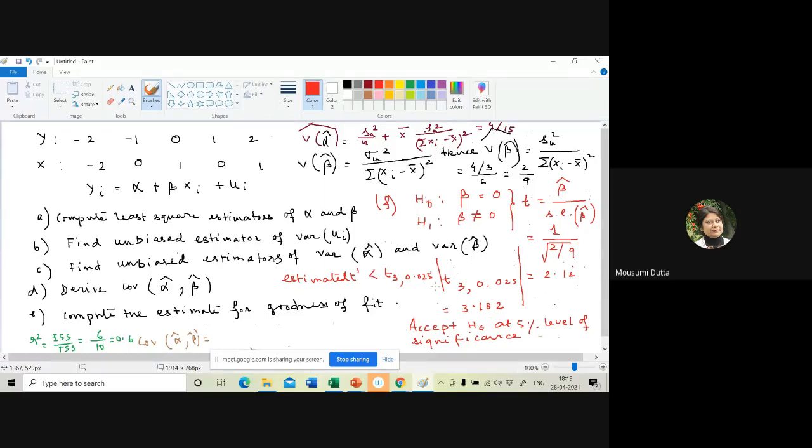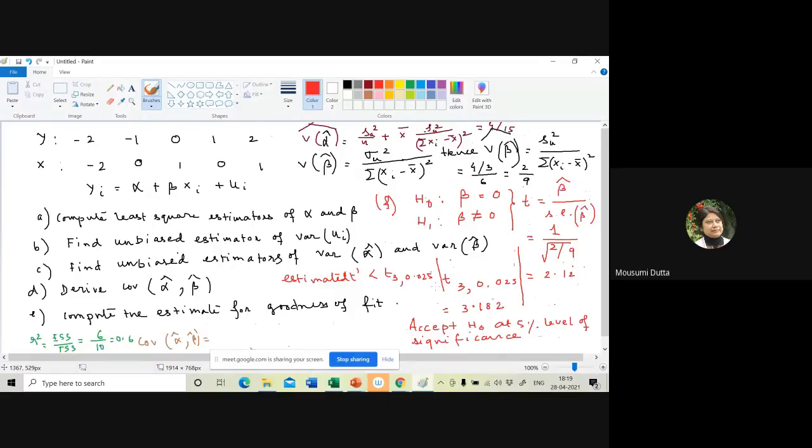Any doubt, any clarificatory question? Yes, Abhishek. Ma'am, here we got the estimated value of beta 1, so can we write beta greater than 0 in the alternative hypothesis? No, you can write that, I gave you the choice of what you will consider.